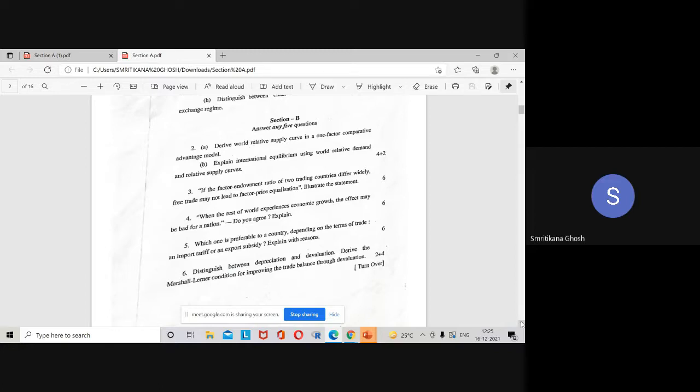If the factor endowment ratio of two trading countries differ widely, free trade may not lead to factor price equalization. Now comes HO. Illustrate the statement. That means if there is no overlapping zone.